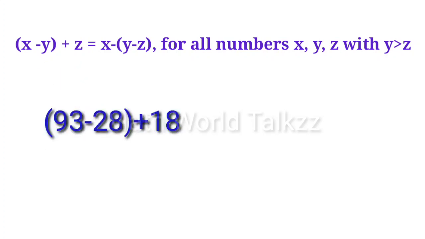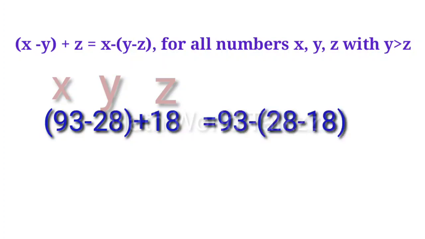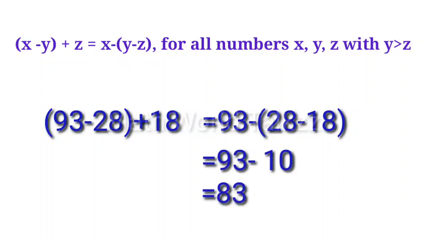So here is your question. 93 minus 28 plus 18. We can use the rule, that is x minus y minus z. Here x is 93, minus 28 minus 18. So 28 minus 18 is easy to do, that is 10. Then 93 minus 10 is 83.